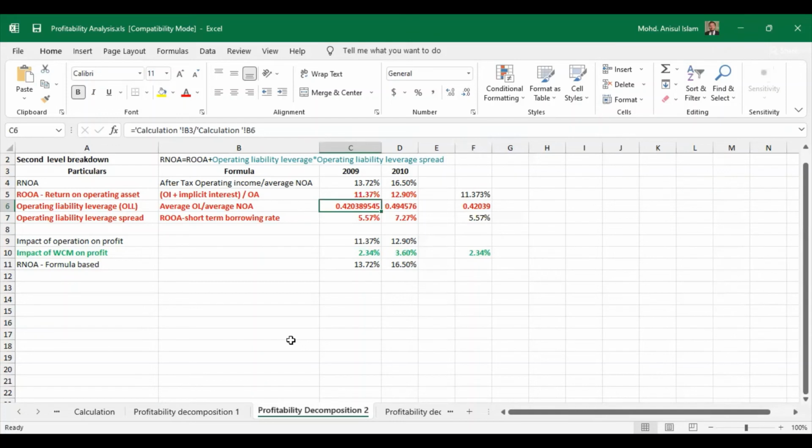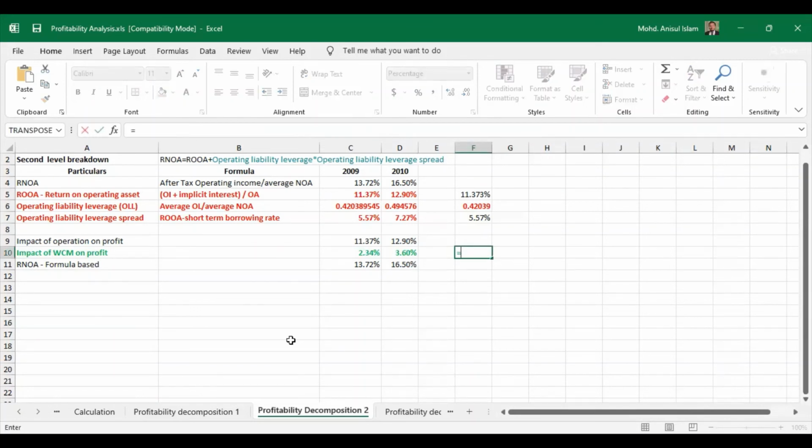We have calculated the spread here. Now we have to take the operating liability leverage, which we have calculated, and multiply this number by the spread we just calculated, 5.57%. So you see, the same 2.34%.